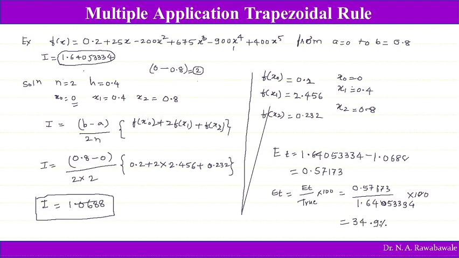Now if we want to find out the approximate error, it is given by minus 0.8 to the power of 3 divided by 12 into 2 to the power of 2 into minus 60.